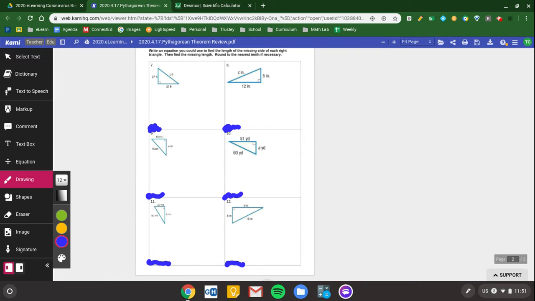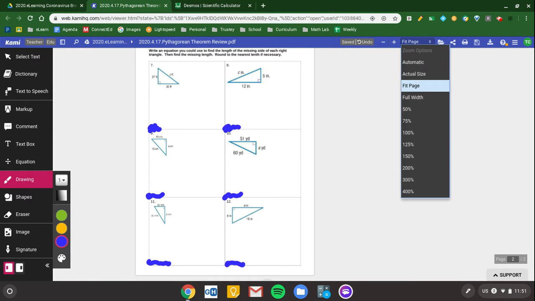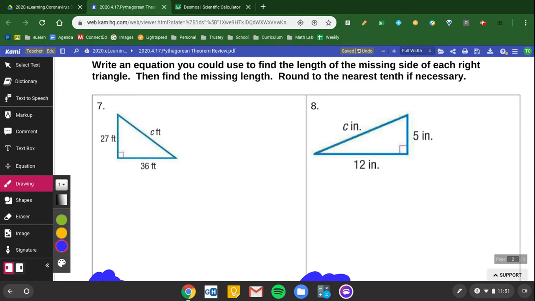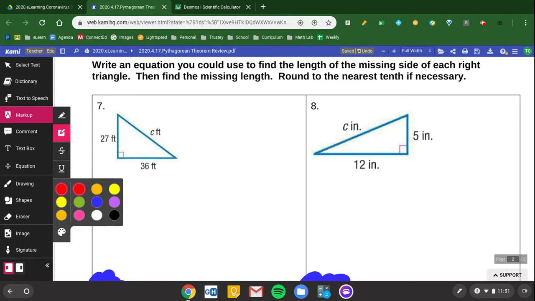So let's do number 7 first and review the directions. Write an equation you could use to find the length of the missing side of each right triangle. It says it's already a right triangle, so no need to prove that.